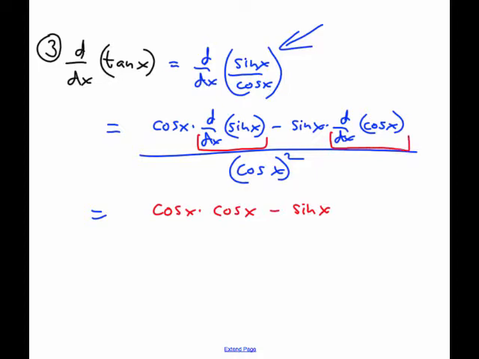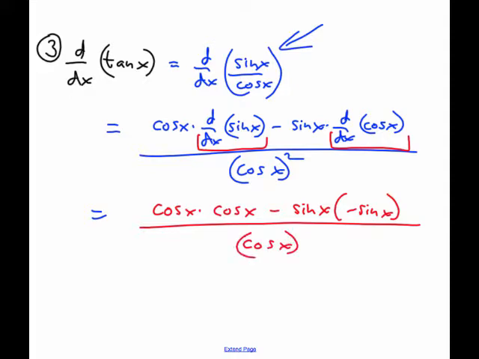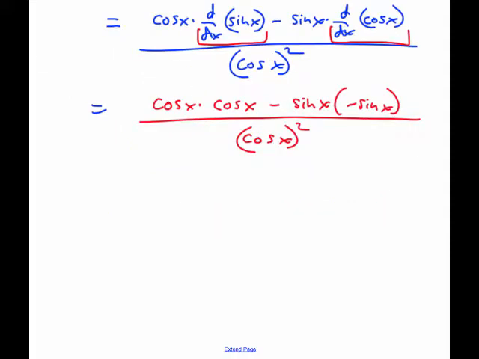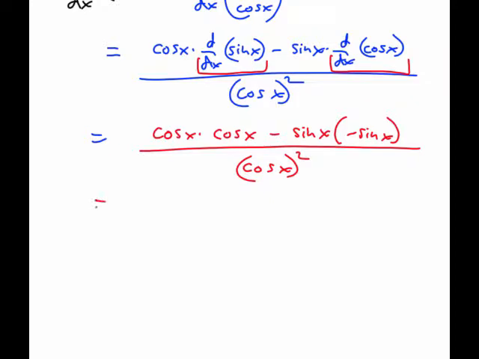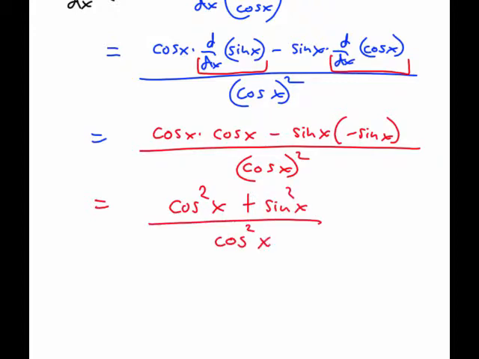The derivative of cosine x is negative sine x. So in the numerator we have cosine squared x plus sine squared x, all over cosine squared x.